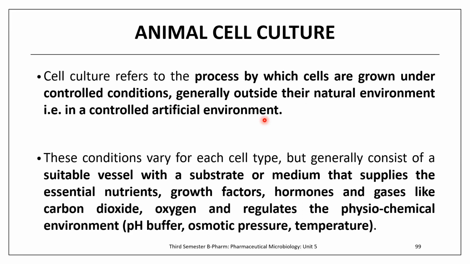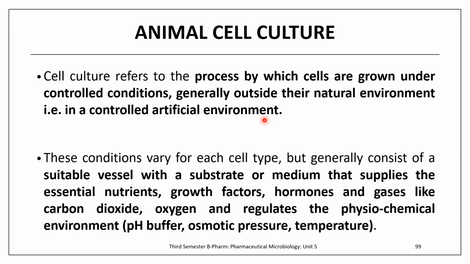Because usually animal cells grow in the different organs or tissues of the animal, right? Suppose you take skeletal muscle, those cells grow in the skeletal muscle itself. If you take a myocardial cell, that grows in the heart. So these are the natural environments.